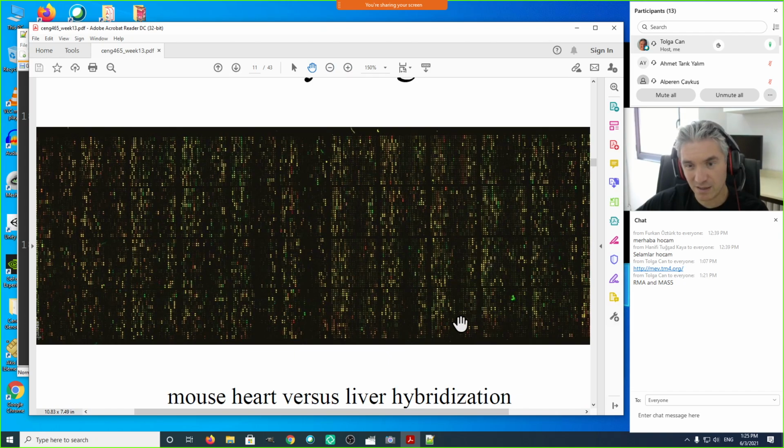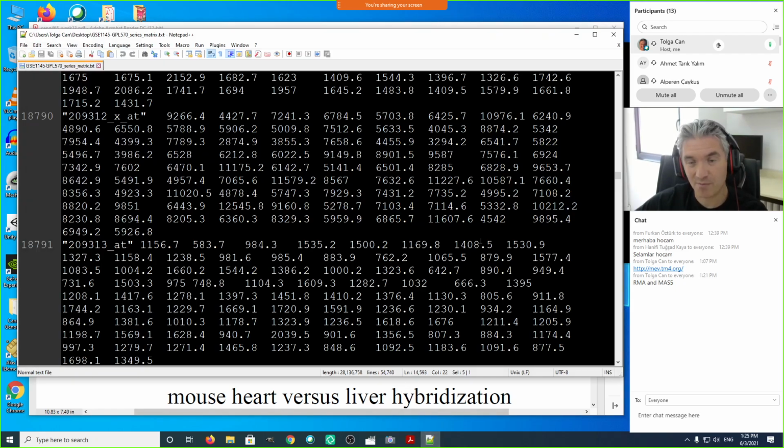So this is still like two samples, normal and disease. The matrix-like organization of this, there may be different parts maybe corresponding to different transcripts. Each dot here corresponds to a transcript. You should not confuse this kind of a matrix with this type of a matrix. Okay, so in this matrix, every column is a separate sample.